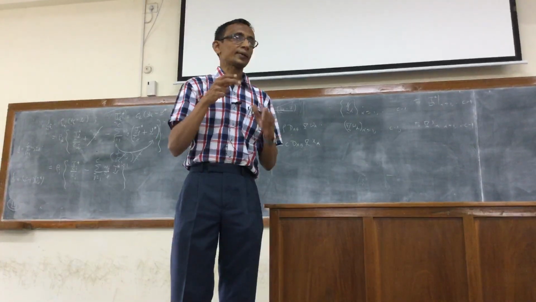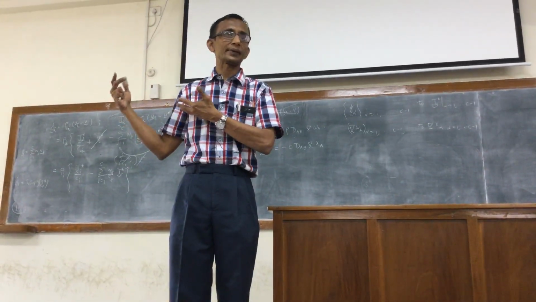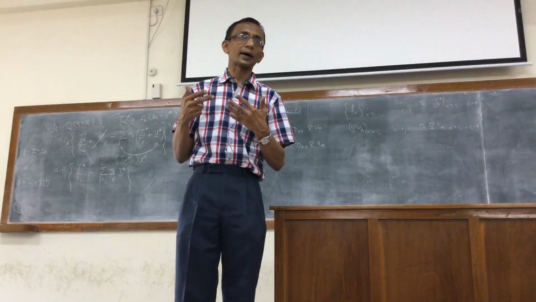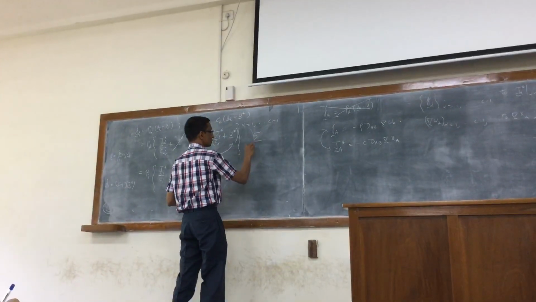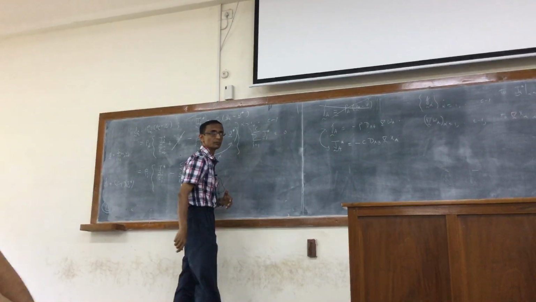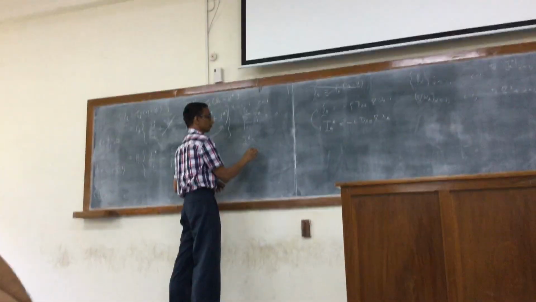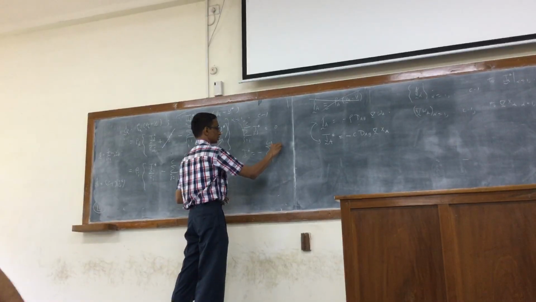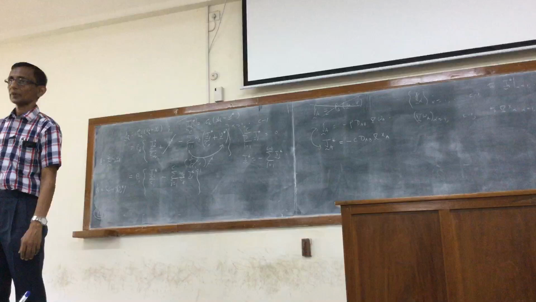So I can choose a set of independent molar diffusive fluxes J1 star, J2 star, all the way up to J_(c-1) star. So I have to basically eliminate J_c star from the equation. I know that sum over j equal to 1 to C of J_j star equals 0. So I can easily write J_c star as minus sum over j equal to 1 to C minus 1 of J_j star.